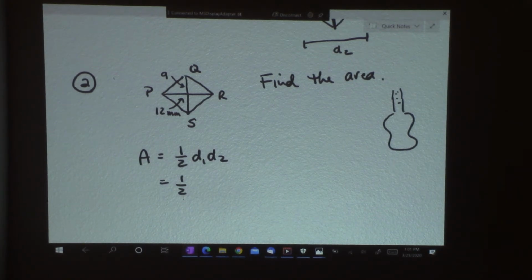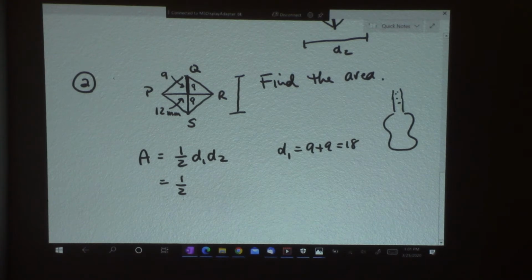Okay, now this is interesting. I didn't tell you this. This 9 represents only this part right here. So my whole diameter would have to be 9 and 9 here. So D1 would be 9 plus 9, which is 18, okay?